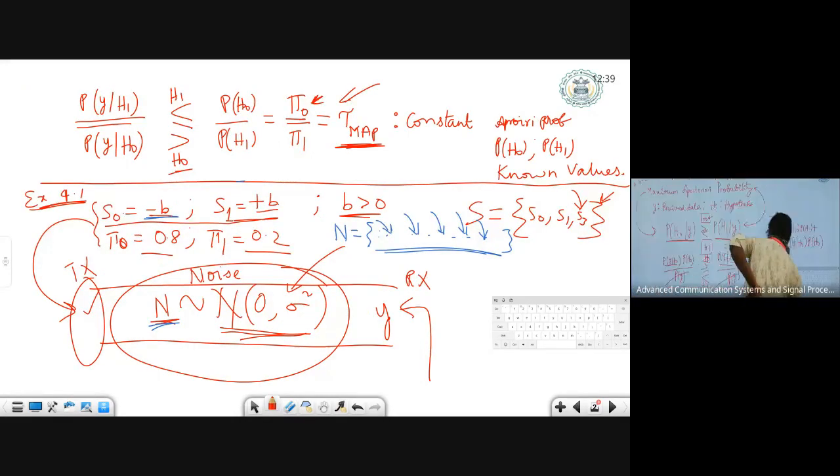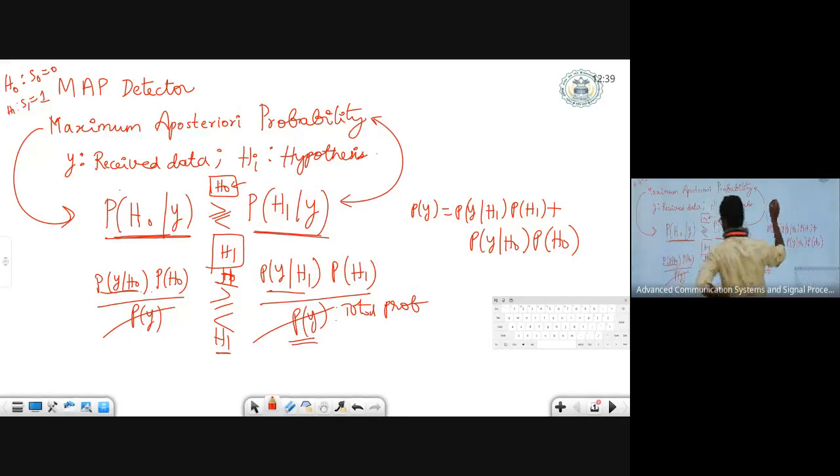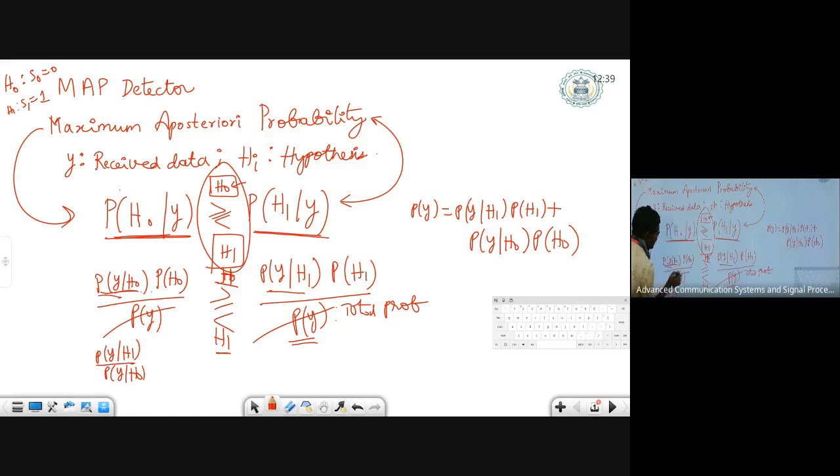You want me to write again here? So I'll rewrite it over here. You see here, now this inequality is right. So the probability of y given h1 divided by the probability of y given h naught, this term I have taken to this side.